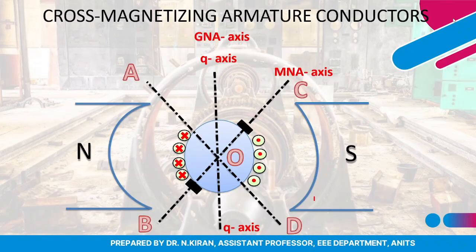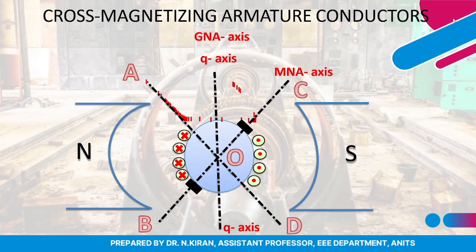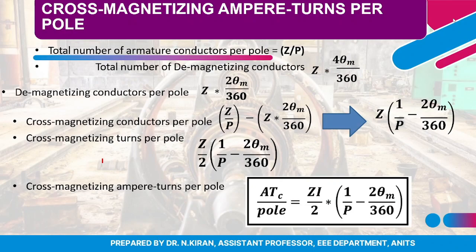Coming to cross-magnetizing armature conductors, these are the conductors in between the angles AOB and COD. Now we will derive the expression for cross-magnetizing ampere turns per pole.